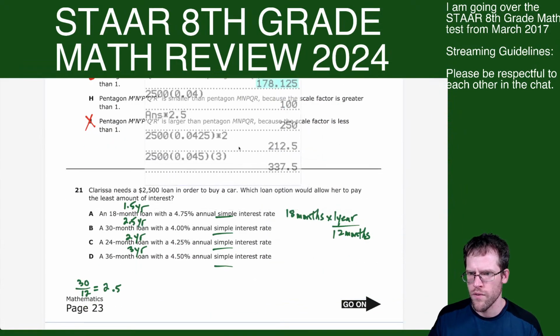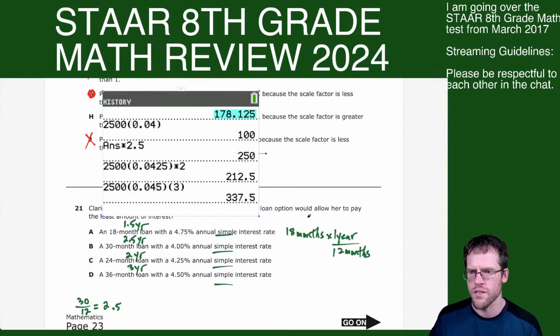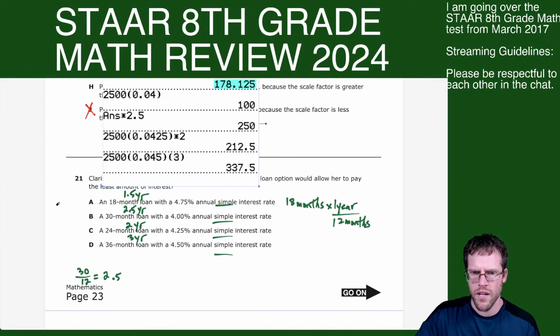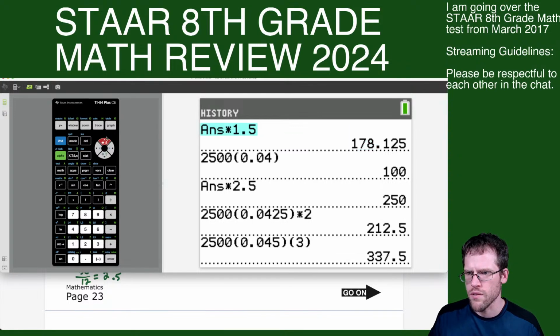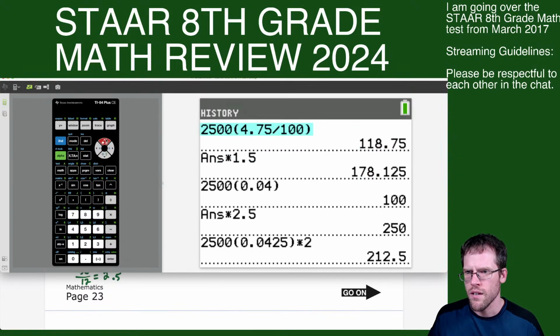And now for this, we just have to see which one is the least. Okay, so for choice A, we had 178.125. If we once again go back, just because that was a long time ago, we had the 2,500. 4.75% was this, but then times 1.5 gave us this amount, right?